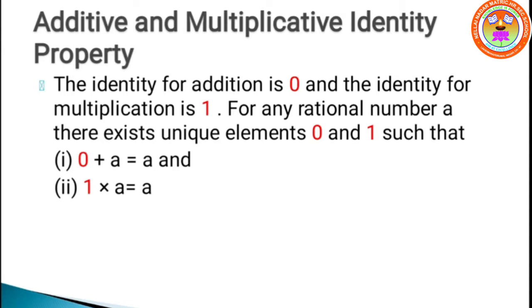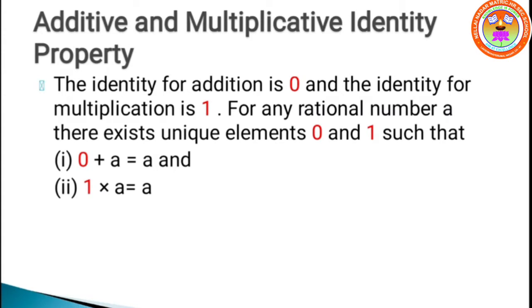For any rational number a, there exists a unique element 0 and 1 such that, we'll see the identity for addition now. First subdivision, 0 plus a is equal to a, and second subdivision for multiplication, 1 into a is equal to a. So the identity for addition is 0 and the identity for multiplication is 1.